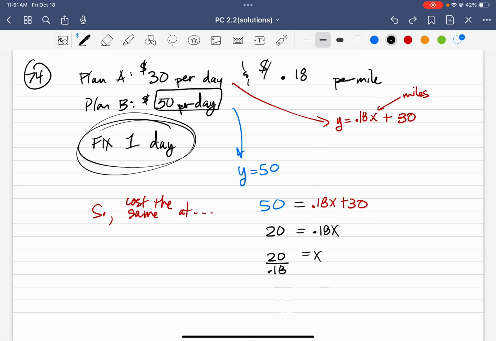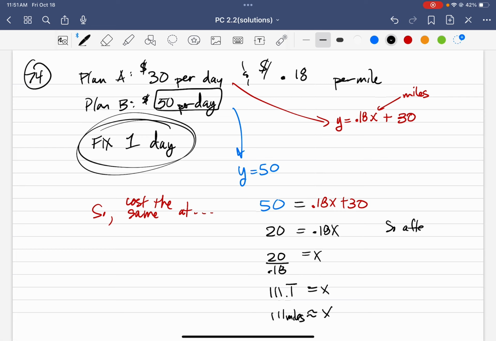So 20 divided by 0.18 is x equal to 111.1 going on forever. So x is approximately equal to 111 miles is where they break even.